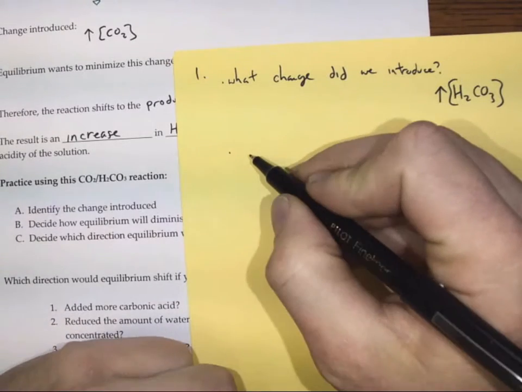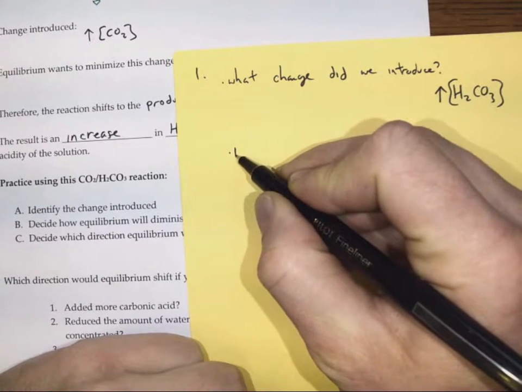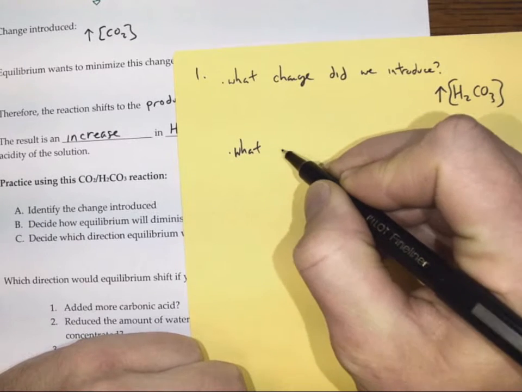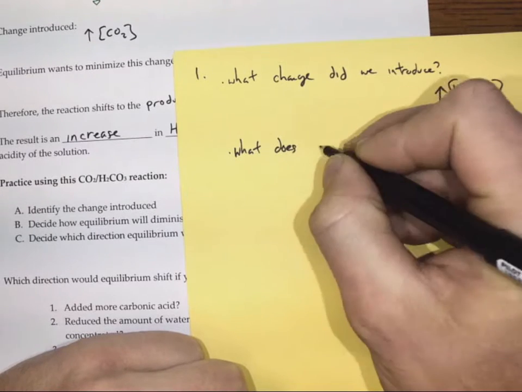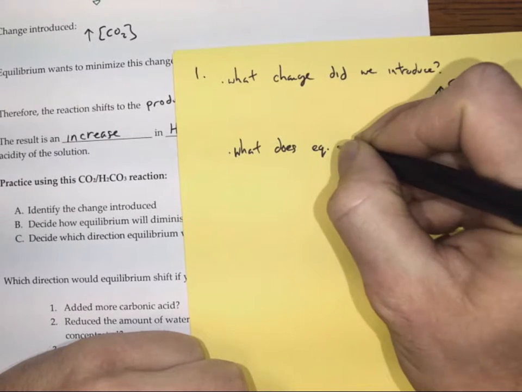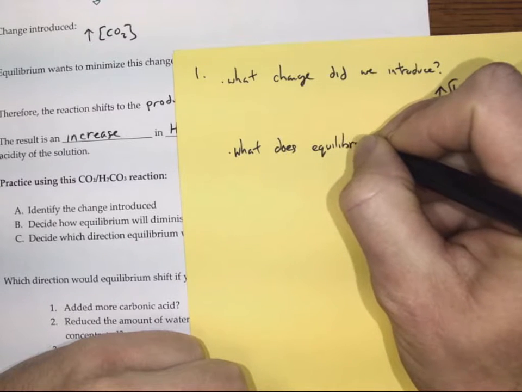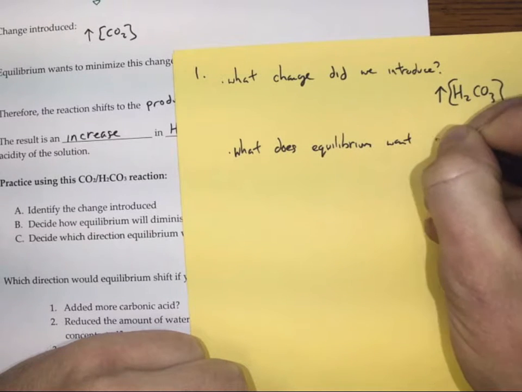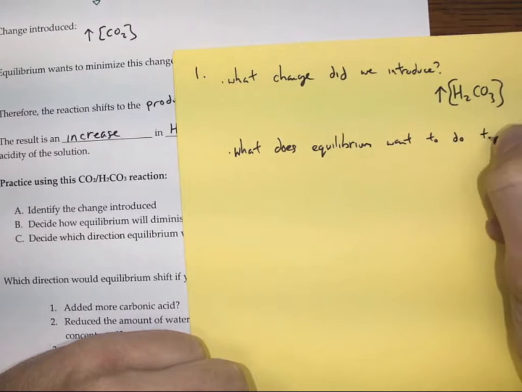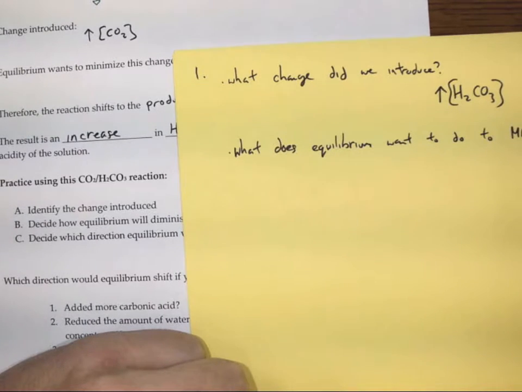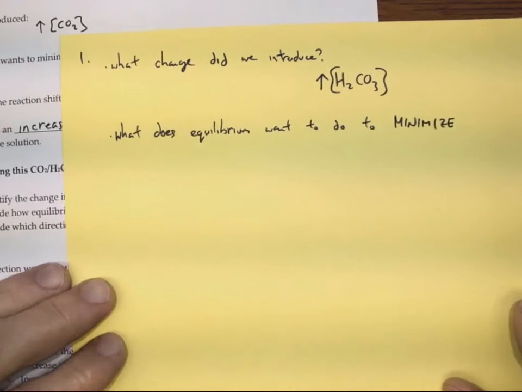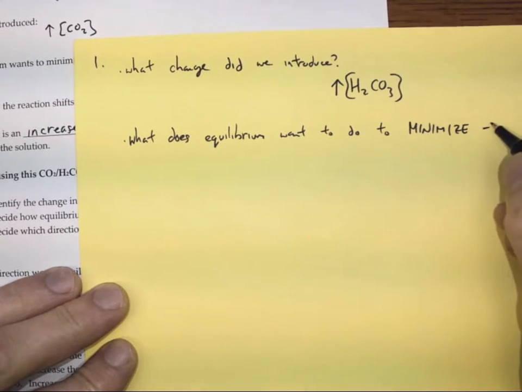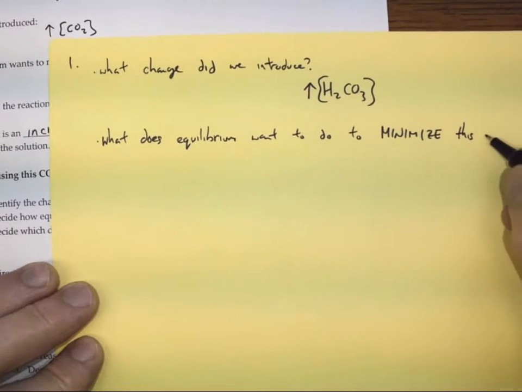So what does equilibrium want to do to minimize this change?